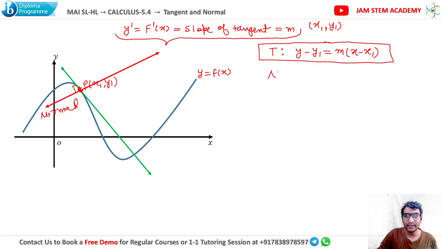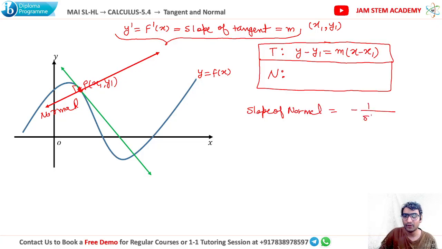In order to find the equation of the normal line, we need the slope of the normal line. How can we find that? We know the product of the slopes must be equal to -1. So the slope of the normal line at that point must be equal to the negative reciprocal of the slope of the tangent line.